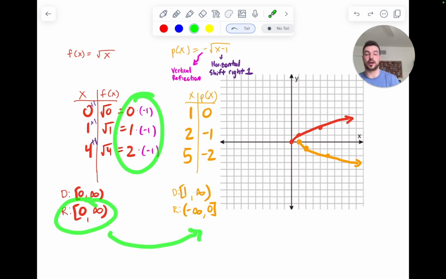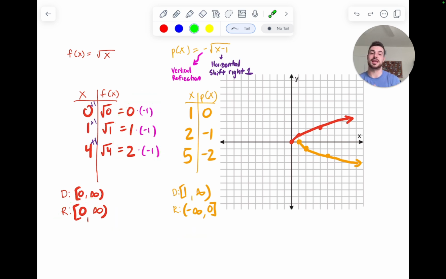Well, we need to write our intervals from lowest to highest, so it's -infinity to 0. Our domain, we are adding 1 to everything, so take that domain and add 1. Our 0 changes to 1, and infinity plus 1 is still infinity, which is where this comes from. So these transformations are just like the previous transformations we've done before. It is just a new function.